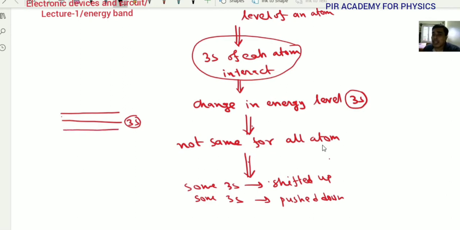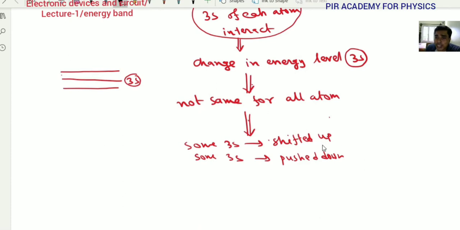Now the magnitude of change in the 3s energy level is not identical.